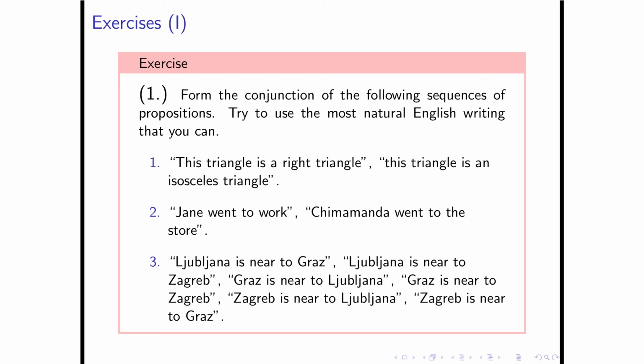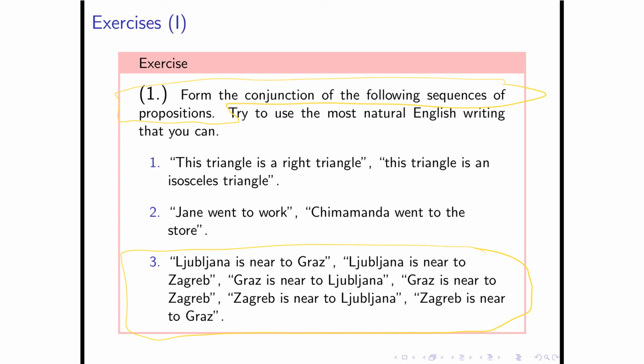And now we can start looking at some exercises. So form the conjunction of the following propositions. Try to use the most natural English that you can. So the propositions, this triangle is a right triangle, and the proposition, this triangle is an isosceles triangle, so on. Here, this one is going to probably be a little on the tricky side. Do your best.